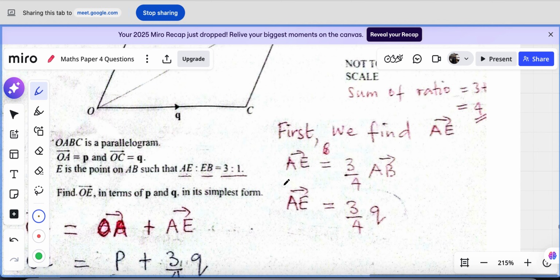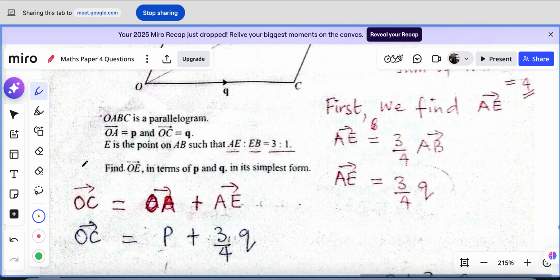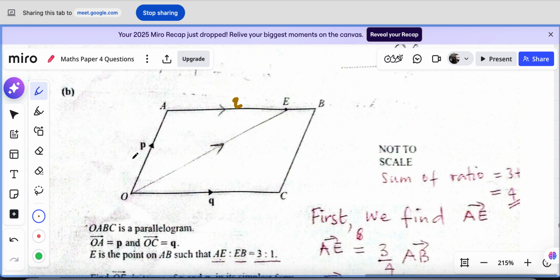Now, the next question is to find OE. OE is the journey all the way from the origin to this place. In vector geometry, this is easy.